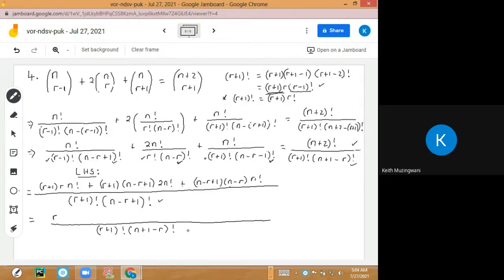Here n factorial is common and we'll have r. So what's the easiest way now here? Expanding. Okay, let's write it first. It will tell us what to do. Plus r plus 1 times n minus r plus 1, plus n minus r plus 1 times n minus r, but in the middle part there's also a 2.